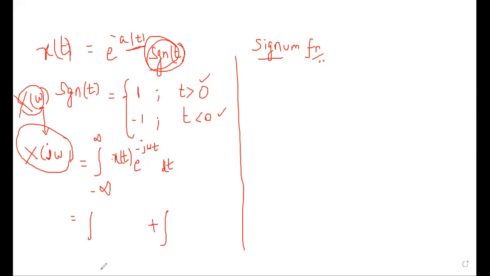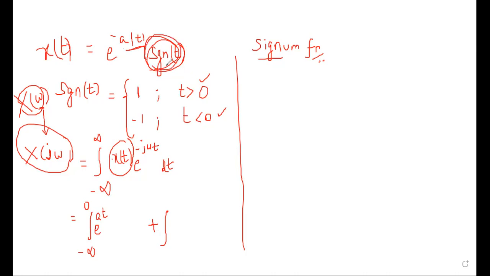Yes. So can I split the first integration as minus infinity to 0? At that time, my x of t value will be, t is negative because I am taking the negative side. If t is negative, will you get e power plus at? At the same time, you have this e power minus at multiplied with the signum function.